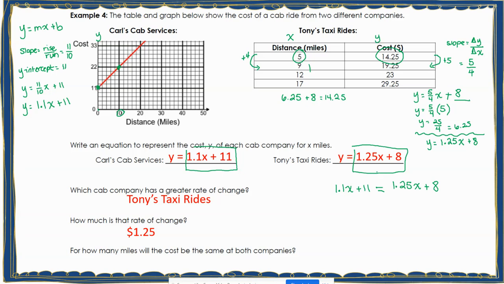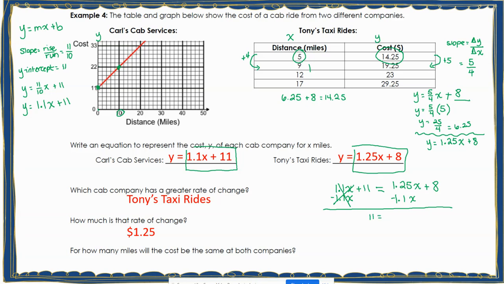Now, remember, when we have an equation that has the same variable x on both sides, I want to move them so they are on the same side. So since 1.25 is bigger, I'm going to move 1.1. And since it's a positive 1.1, the inverse of that is subtracting 1.1x from both sides of this equation. 1.1x minus 1.1x is 0, so these will cancel, and I'm bringing down positive 11.